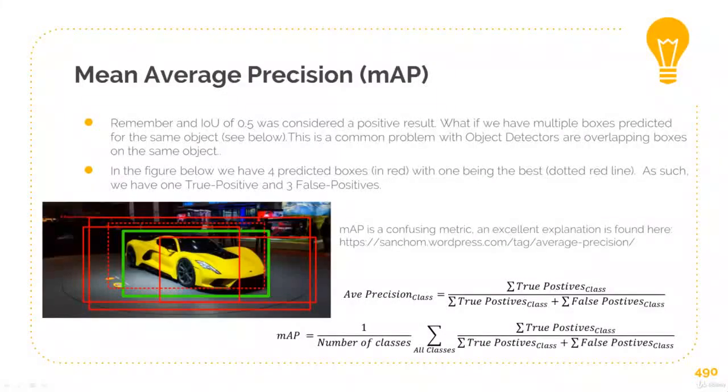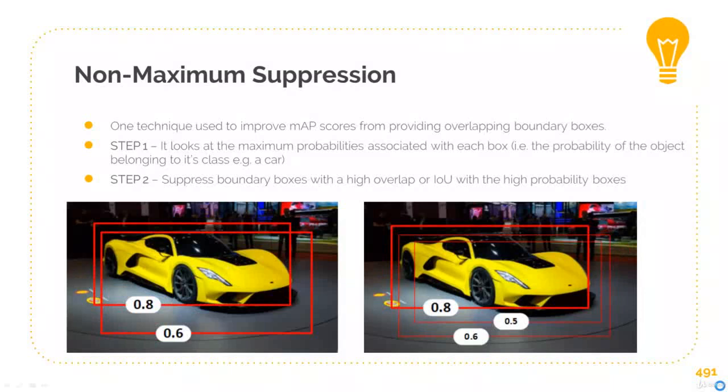So now let's move on to non-maximum suppression, and this is a technique that object detectors use to remove overlapping boxes and thus improve their mAP scores significantly. What this does, basically, is look at the probabilities associated with each box that's being generated, specifically the probabilities of the object being in the same class.